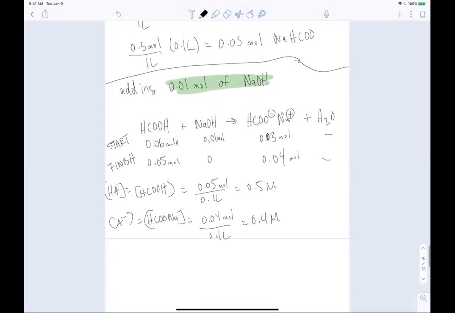And so our pH here is going to be equal to the pKa plus the log of A minus divided by HA.